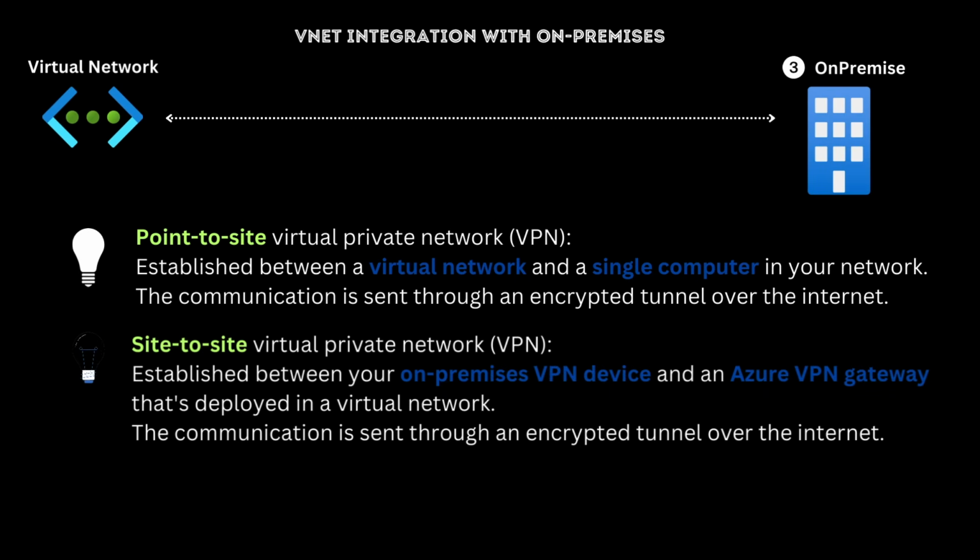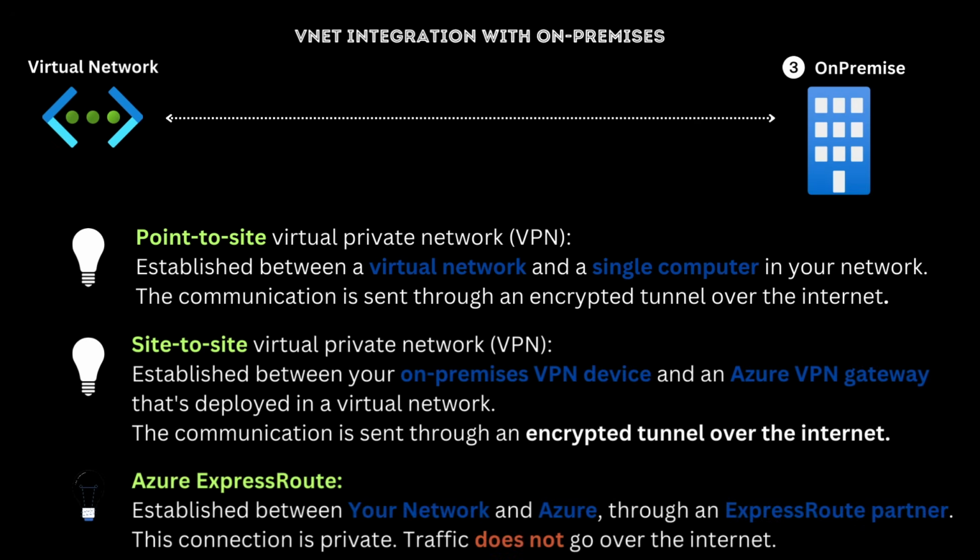The third way of communication to on-prem is Azure ExpressRoute. Here, the connection is again for multiple on-prem devices in your network and the Azure network through the ExpressRoute partner. There are many ExpressRoute partners in the market which you can select and use. This connection is private.